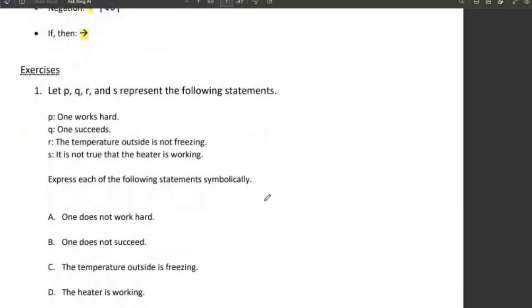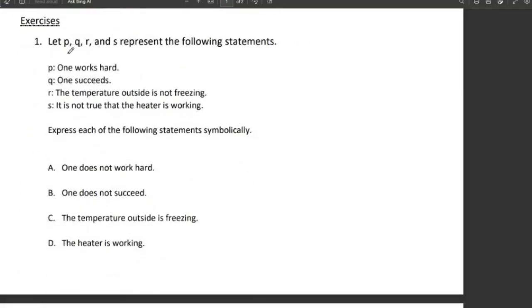So let's look at some exercises. Exercise 1 says to let P, Q, R, and S represent the following statements, and then they tell us what each letter represents. It says express each of the following statements symbolically. All right, so we have on letter A, 1 does not work hard. So if we look at these letters, P says that 1 works hard.